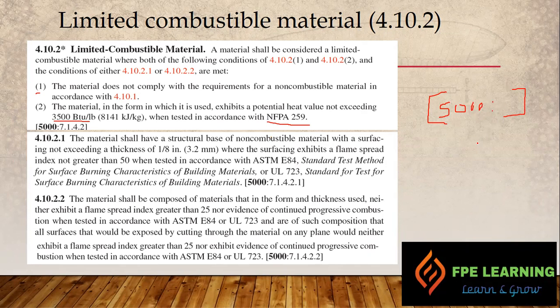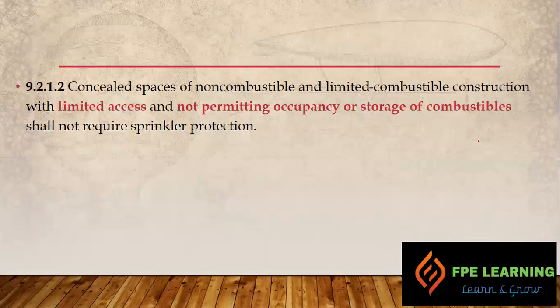So now the first point we talk about, the concealed space, should be non-combustible materials or limited combustible construction with minimum combustible loading. Combustible loading means the utility lines, conduit, cable and all passing through those areas, right?